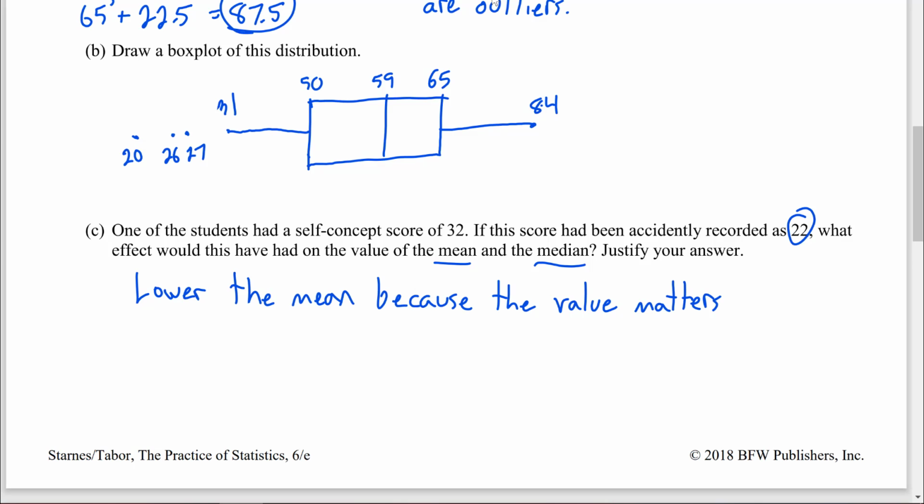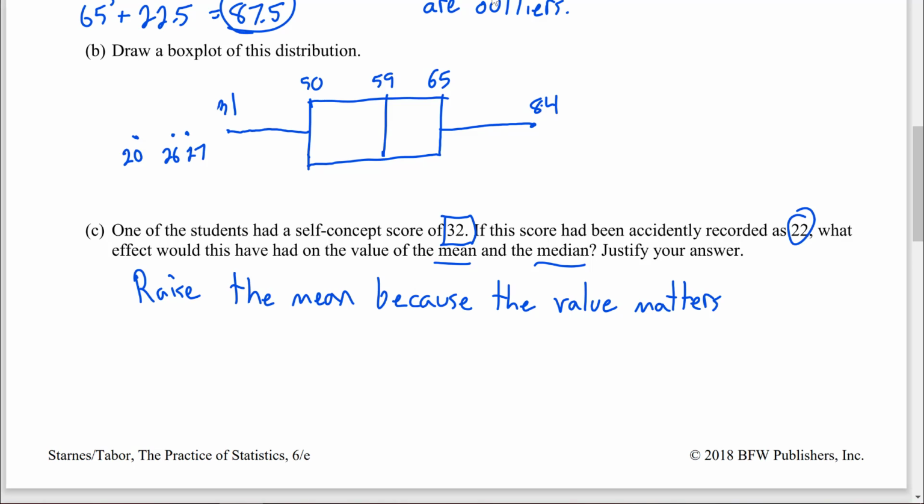So when I add them all up, I'm looking at 10 extra points. Oh, sorry, it wouldn't lower the mean. It was accidentally recorded. It would raise the mean. I read that backwards. It was recorded as 22, but it was actually 32. So it would raise the mean because that value would actually matter.